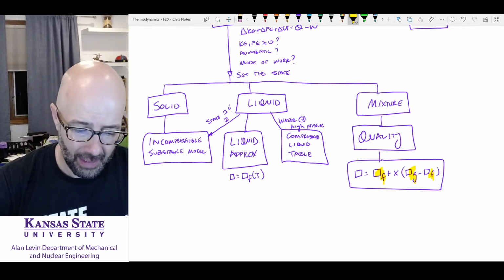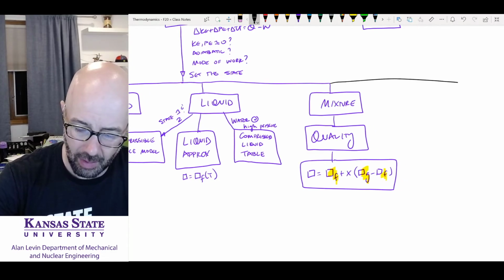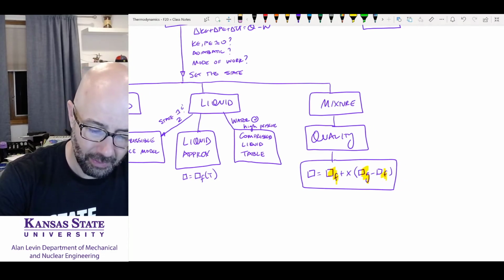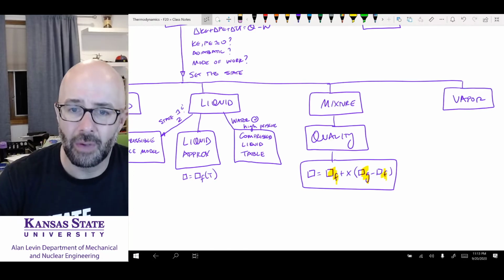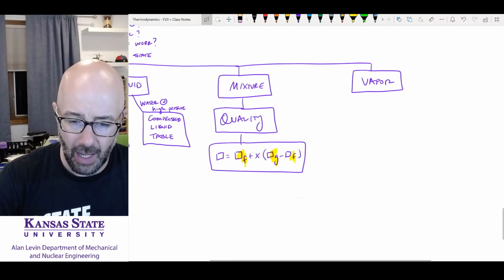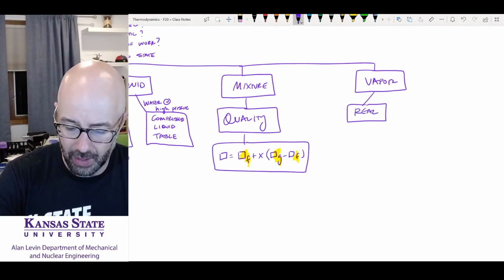Or the next thing we're going to do is go over here to the world of vapors. Oops, I changed the color. I was using this lovely shade of purple. Now we're going to deal with the vapor. Now what can we do if it's a vapor? Well, we can say it's a real gas. For a real gas, we're going to use the tables.